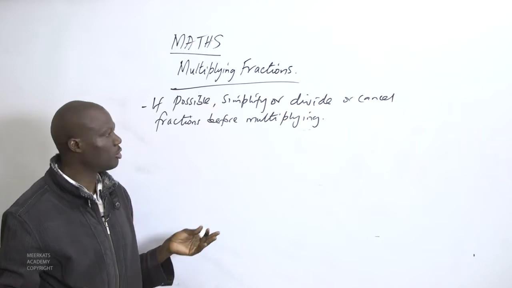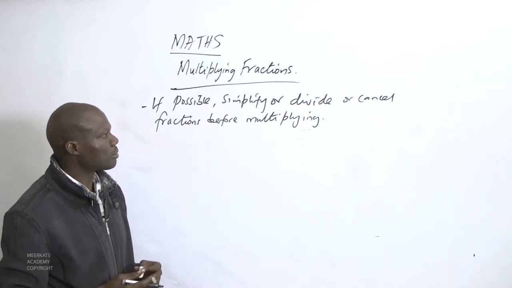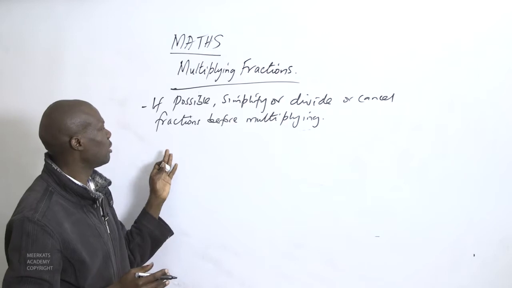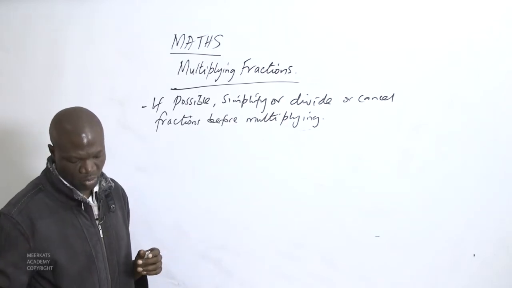We have to simplify or divide or cancel the fractions before multiplying.